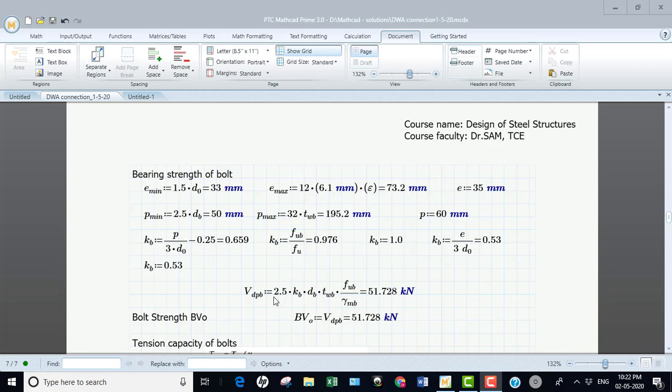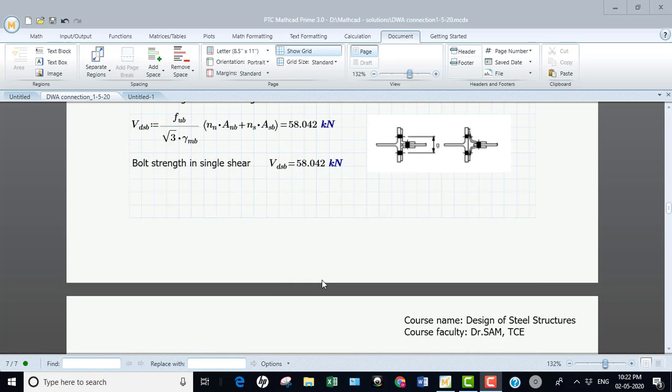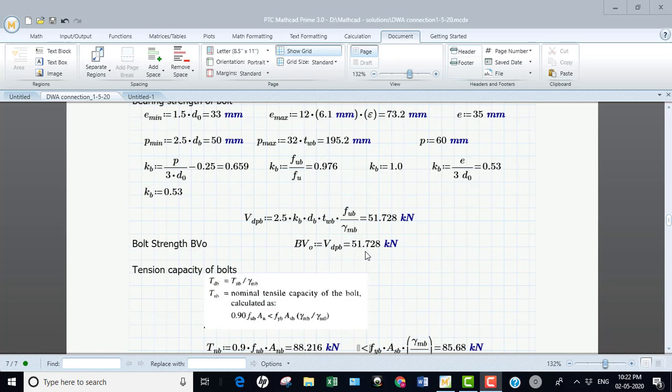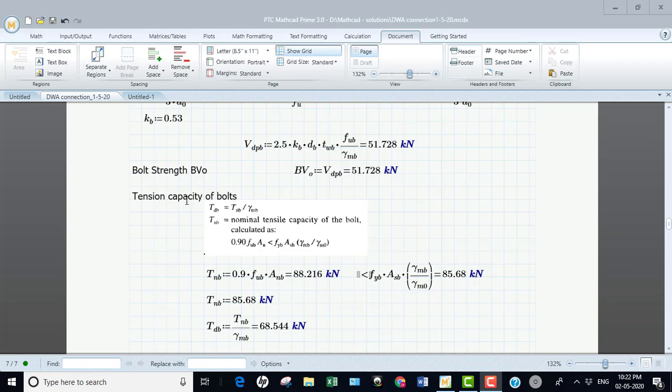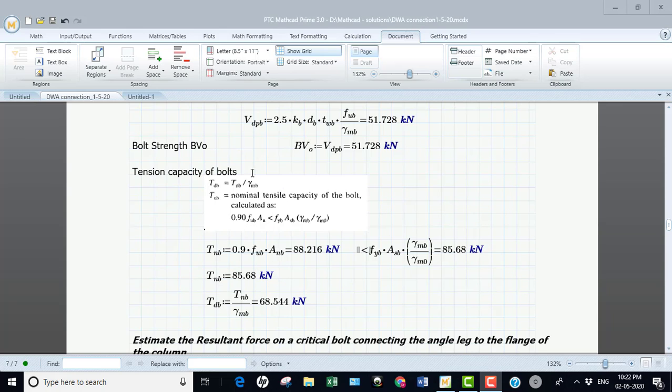Out of these two, the lower one is your bolt capacity in the out of plane case. Since the bolt group is subjected to out of plane rotation, the bolts are subjected to tension. Therefore, according to the clause given in section 7, I calculate the tension capacity of the bolt.